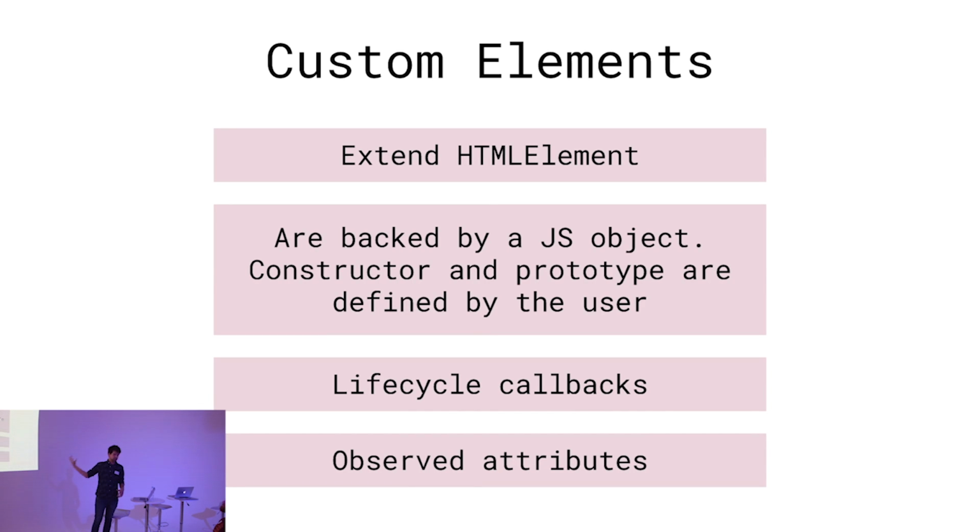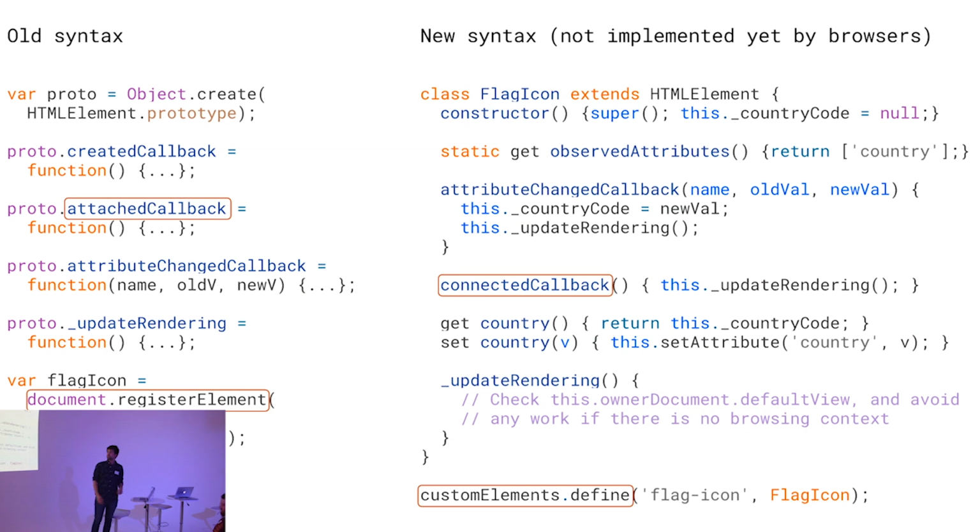Custom elements are basically just an extension of the HTML element prototype, and they are backed by a JavaScript object, which gives the developer the power of defining a constructor, reacting to lifecycle callbacks and observing attribute callbacks. A quick example.